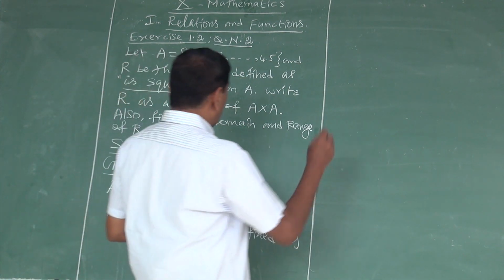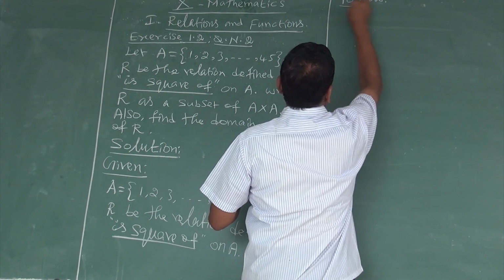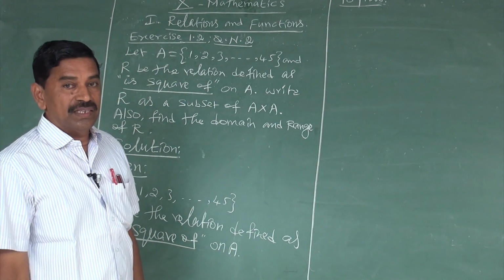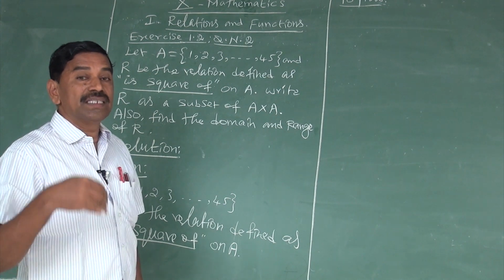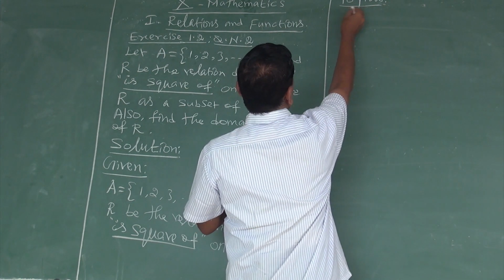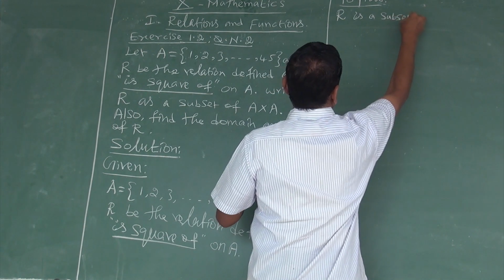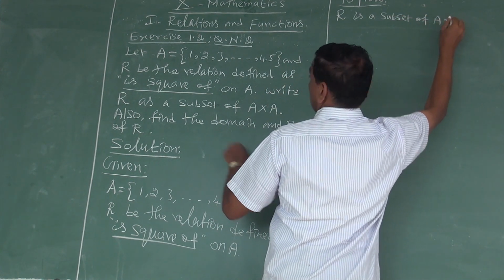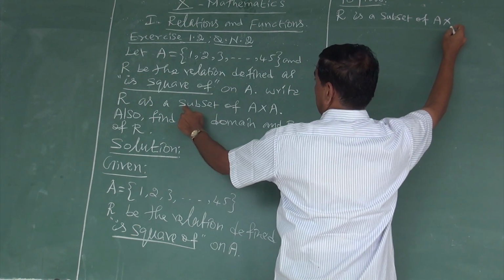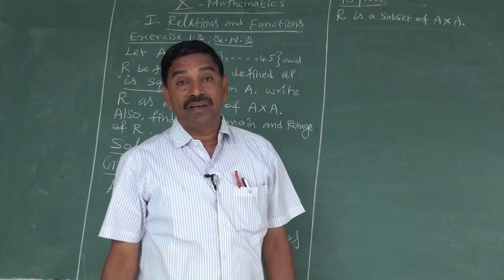Now, what do you want to prove? R is a subset of A cross A. So we want to prove the relation R is a subset of A cross A. What is meant by R is a subset of A cross A?